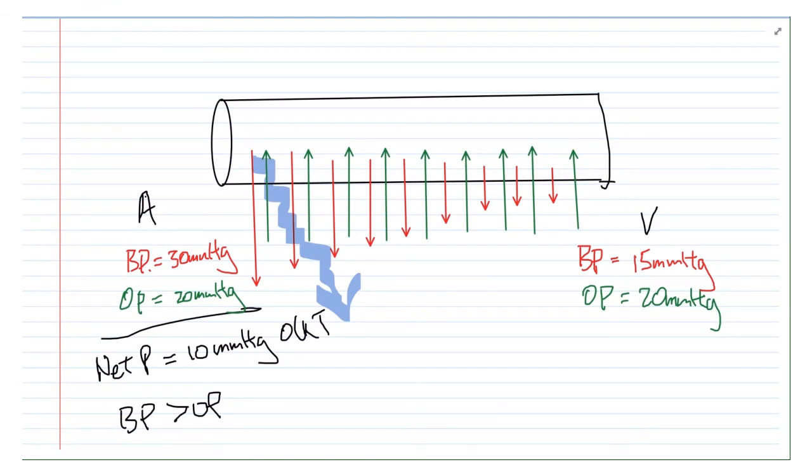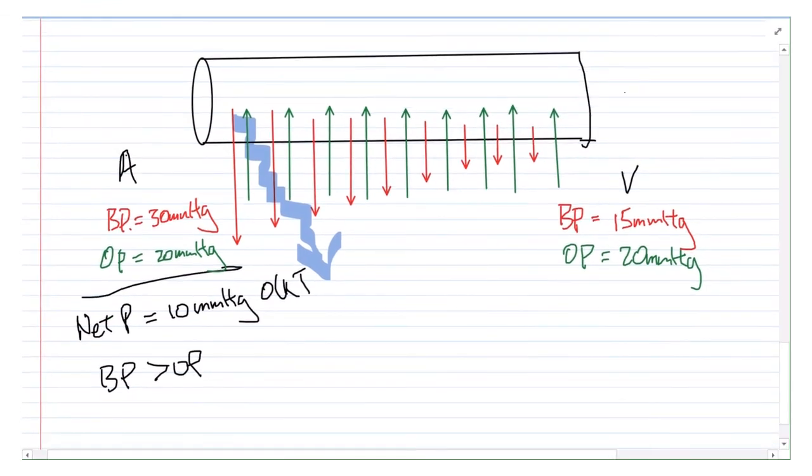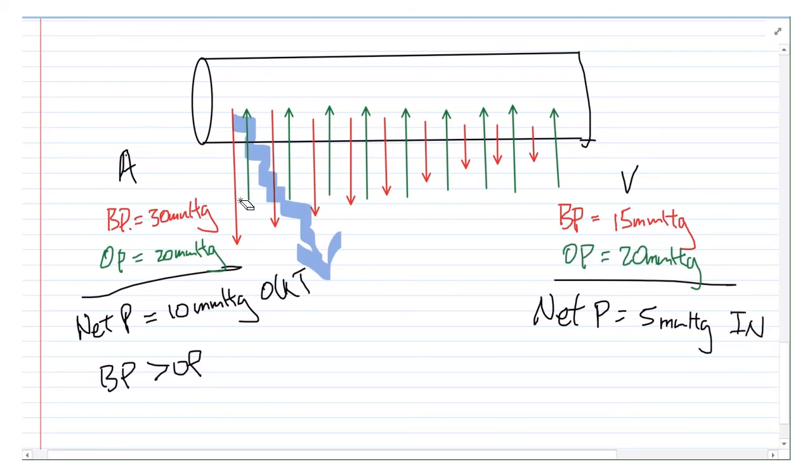On the venous side, we have 15 mmHg pushing out, 20 mmHg pulling fluid in. If you do the calculation, we have a net pressure of 5 mmHg, and this time the green is bigger than the red, so this is going to be inwards. So as opposed to fluid loss, on the right side you're going to have fluid gain.